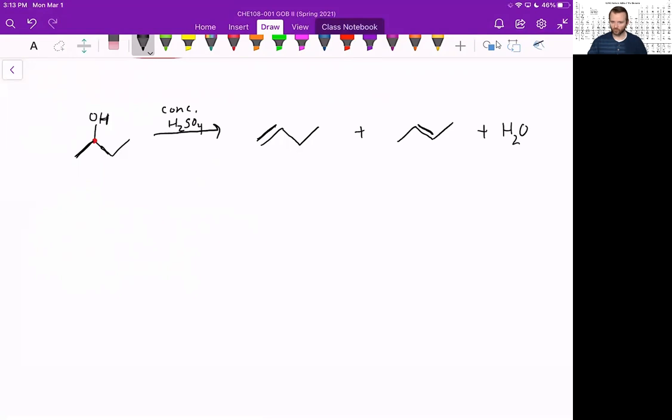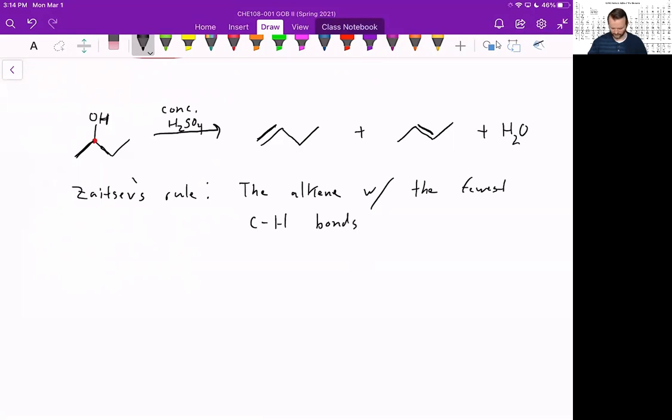And the rule, it's called Zaitsev's rule, is to describe which alkene is favored. The alkene with the fewest carbon-hydrogen bonds at the vinyl carbons, meaning the carbons that are in the carbon-carbon double bond, is favored.